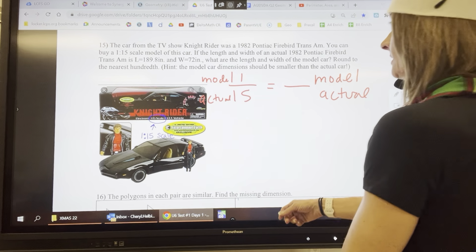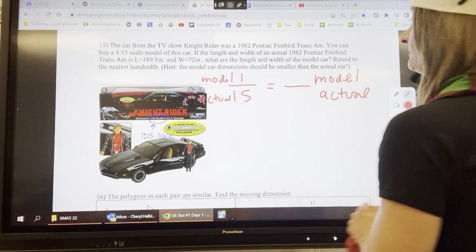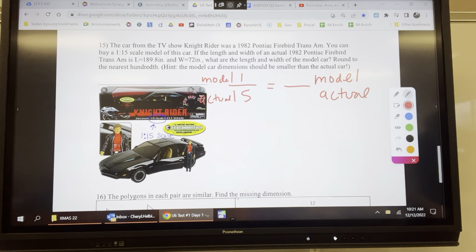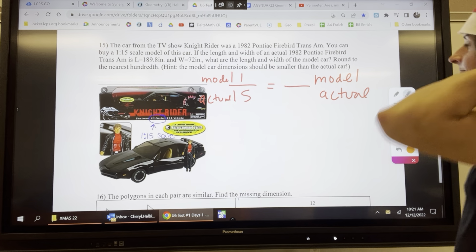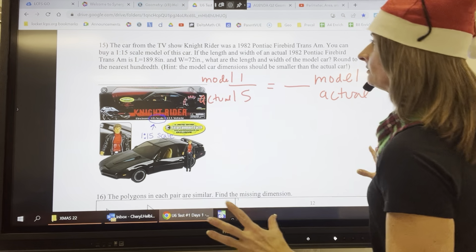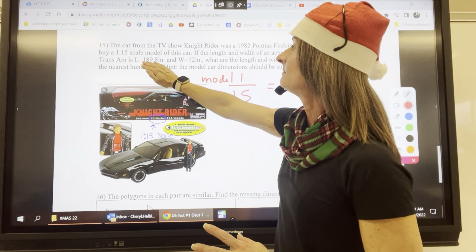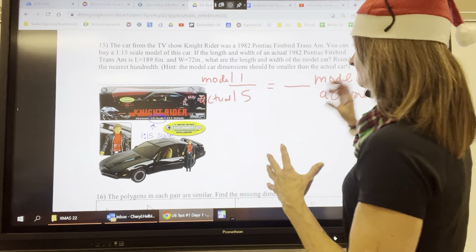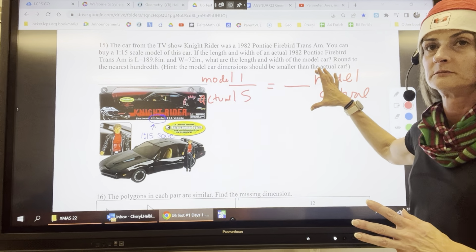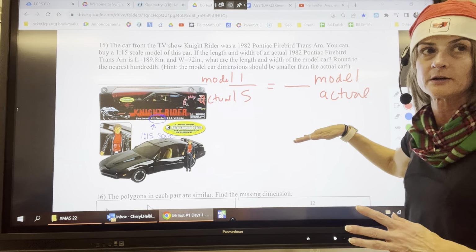Okay, so we'll start with the length. They tell you the length of the actual one. We'll start with this 189.8. Where is that going to go over here? Is it going to go in the numerator or the denominator?